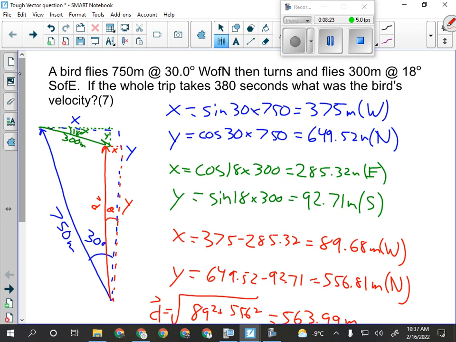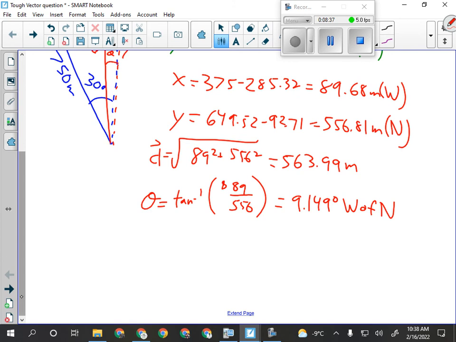Now, I don't need to do the significant digits yet, because what do I have to do now? I have to find the velocity. They told me that this whole trip takes 380 seconds. What I have is the displacement. I need to know the velocity. Velocity is displacement divided by time.